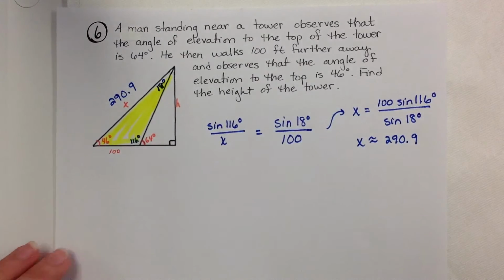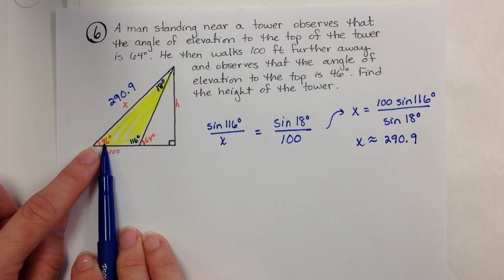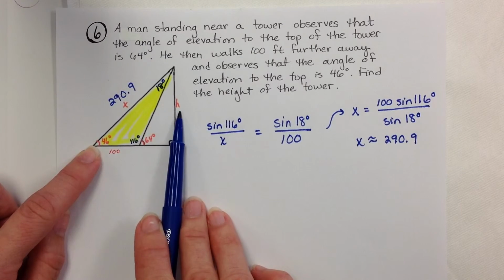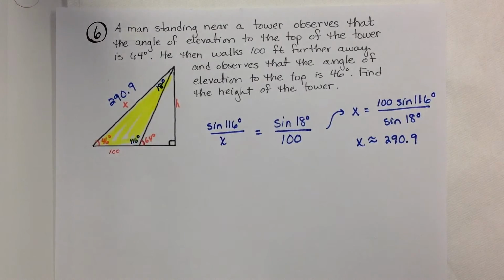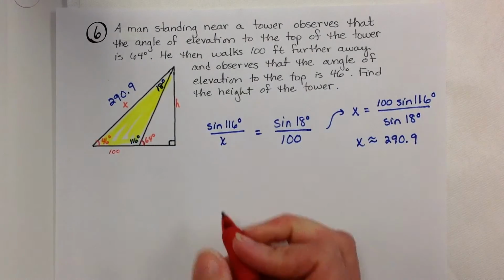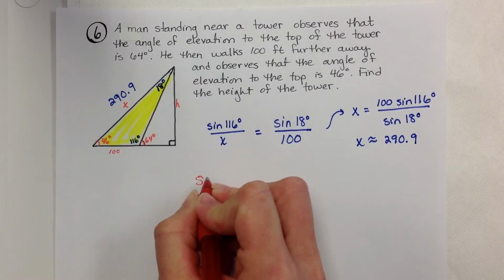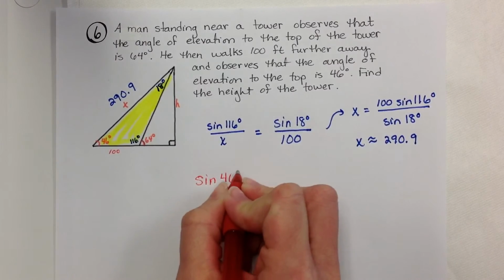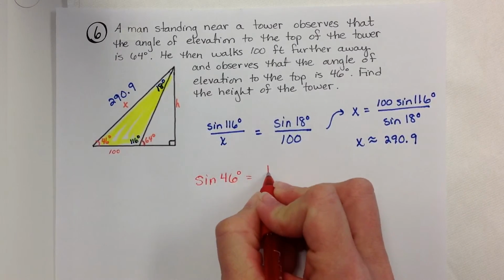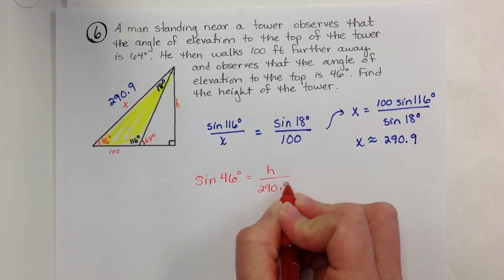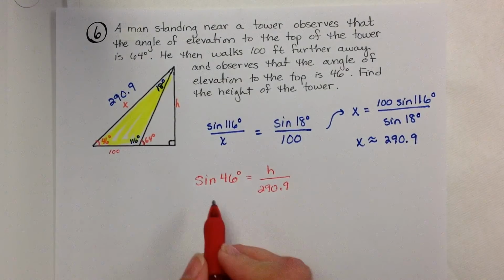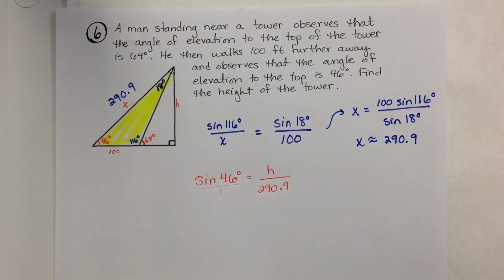So you can go back to what we know about right triangles to help us out. So from the 46, this would be opposite. This would be hypotenuse, so that means that I could use sine. So sine of 46 degrees would be equal to H divided by the 290.9. Okay, so remember, cross multiply, that's understood to be over 1.